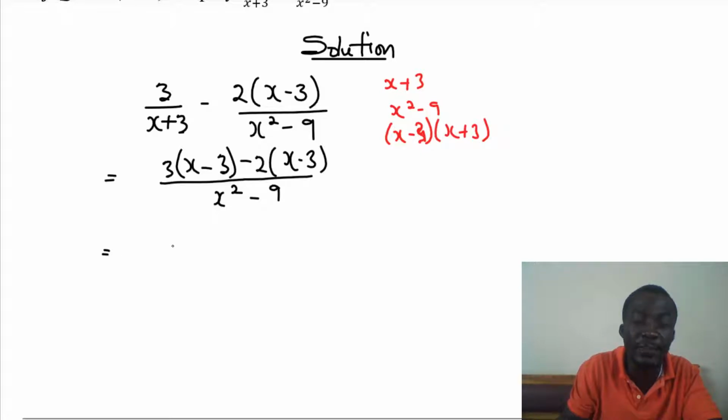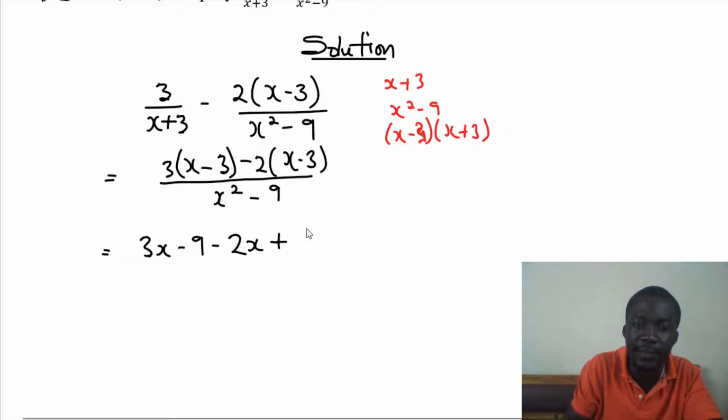We continue by simplifying the numerator, which will give us 3 times x will be 3x, 3 times negative 3 will be negative 9, negative 2 times x will be negative 2x, then negative 2 times negative 3 will be plus 6, which is positive, divided by x squared minus 9.